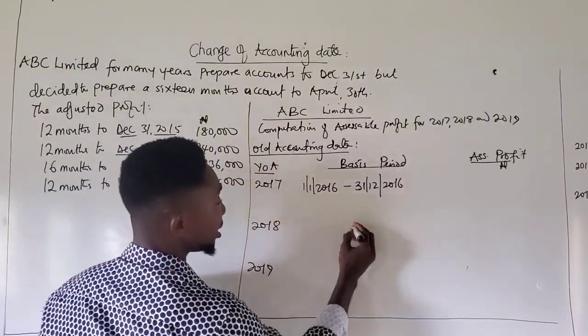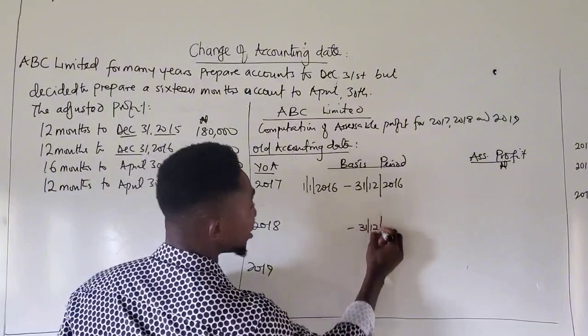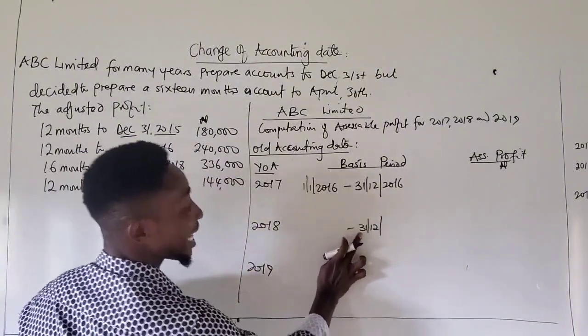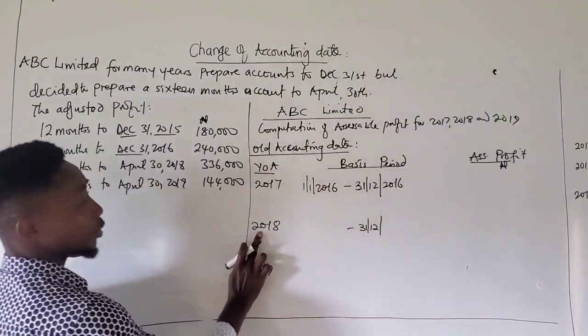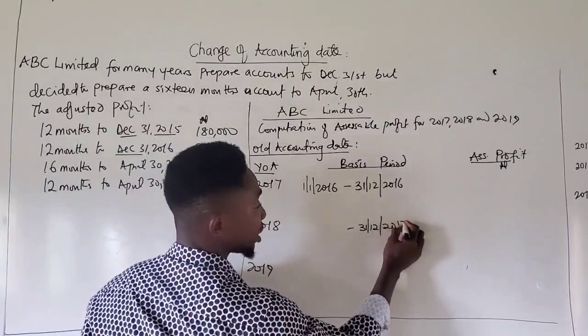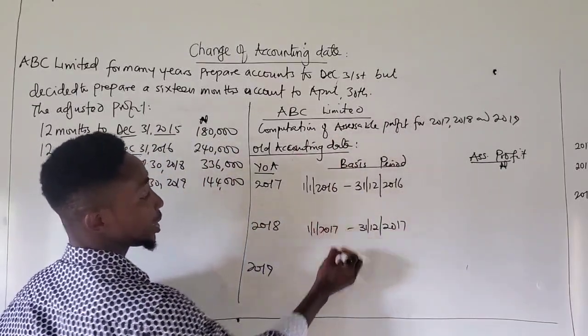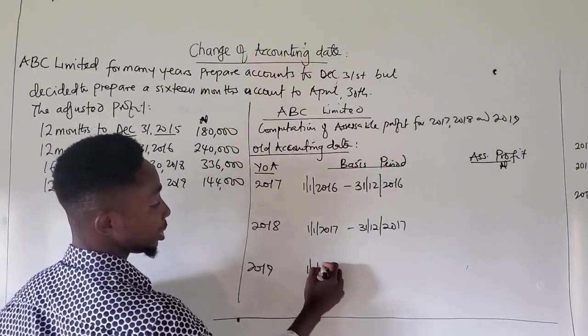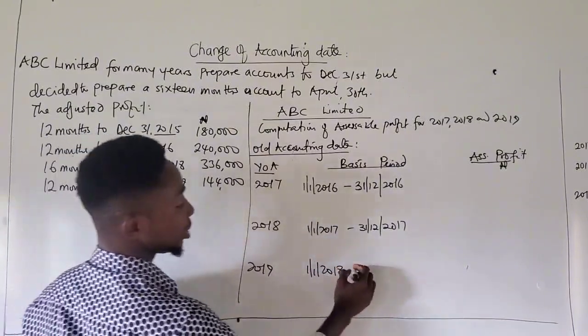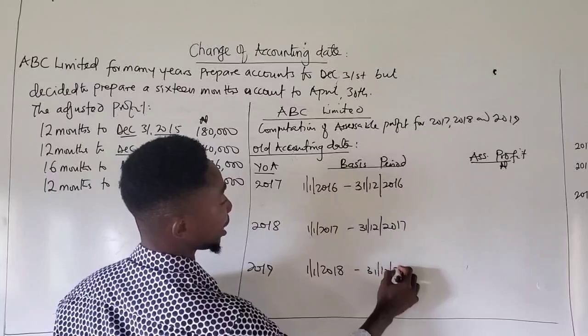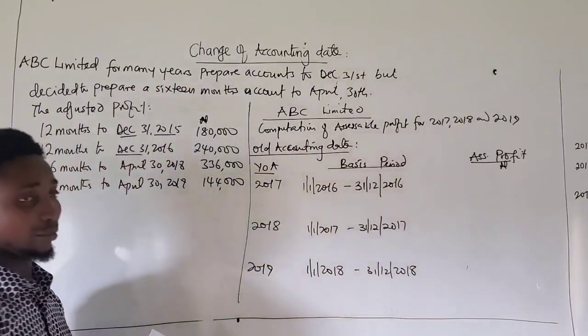So for 2018, they normally end accounts on 31st of December. Which year comes before 2018? 2017. Count 12 months backward, it is 1st of January 2017. Then for this one, the same thing, January 2018 to 31st December 2018.